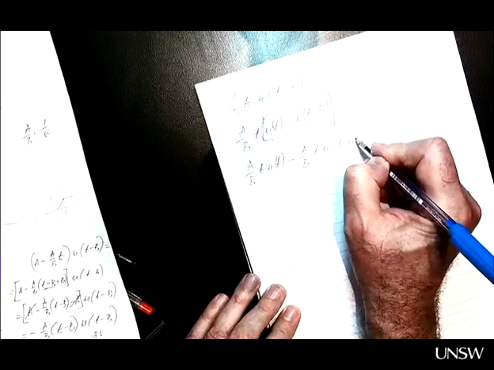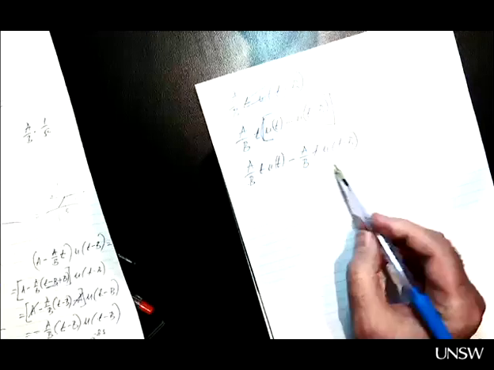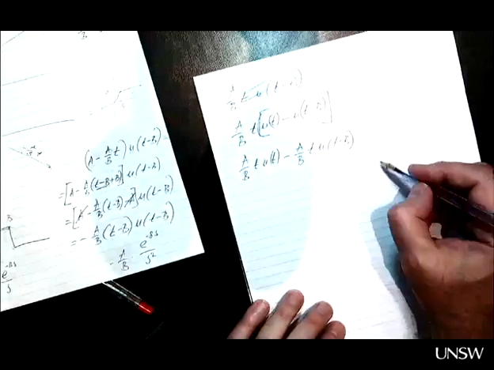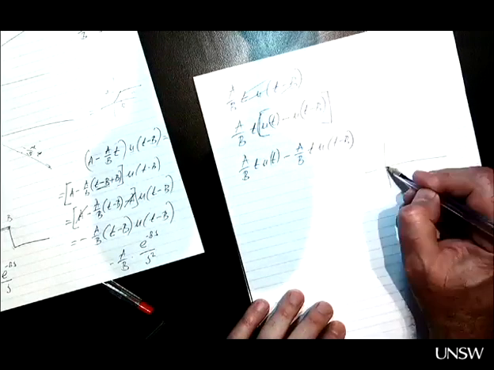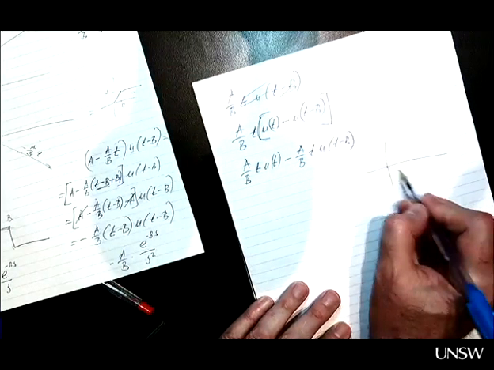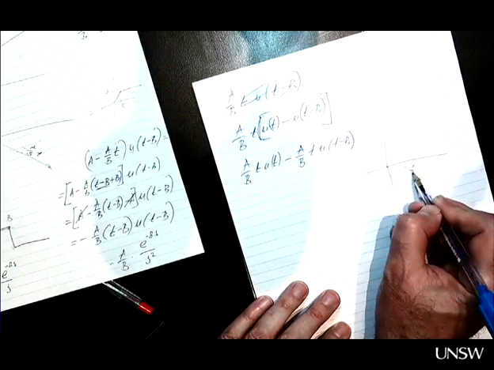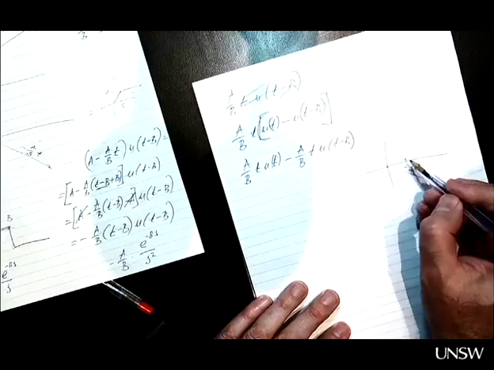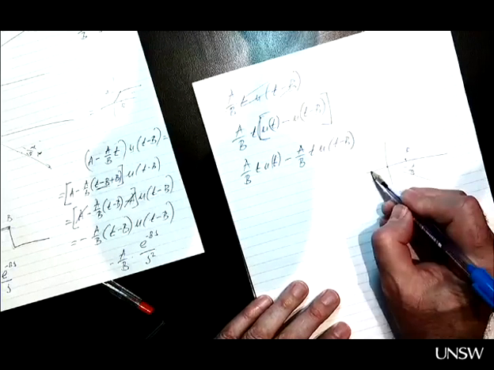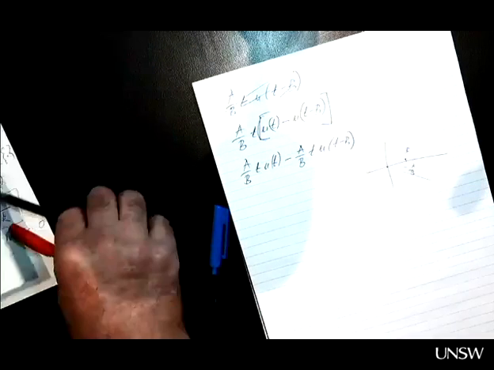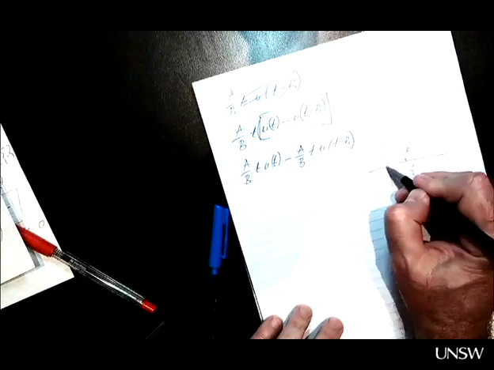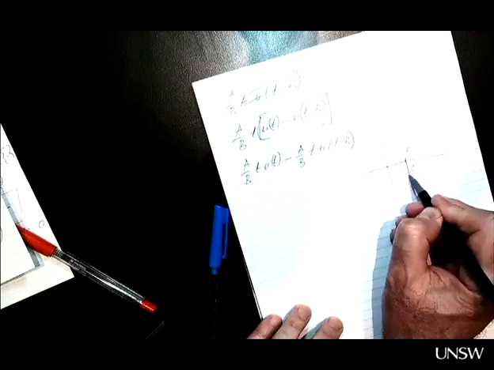This part will look like this. First of all, it will start here. The slope will be minus a over b. But until b seconds, it won't exist. So the second term would look like this, jump down here, and then continue.